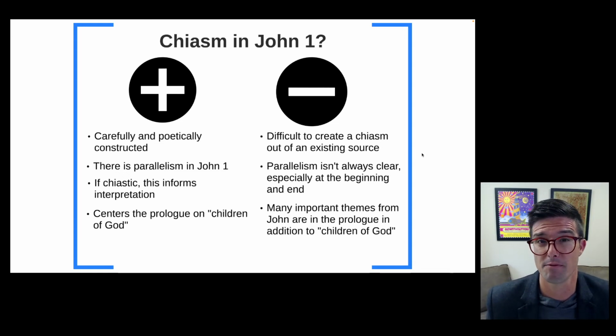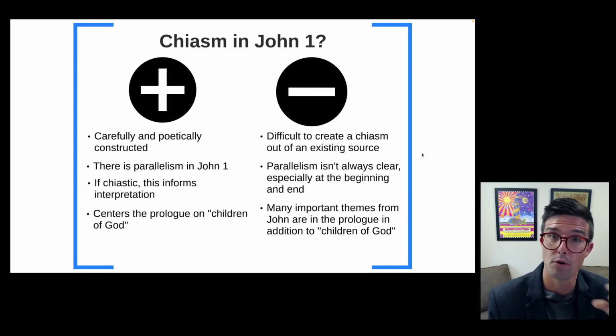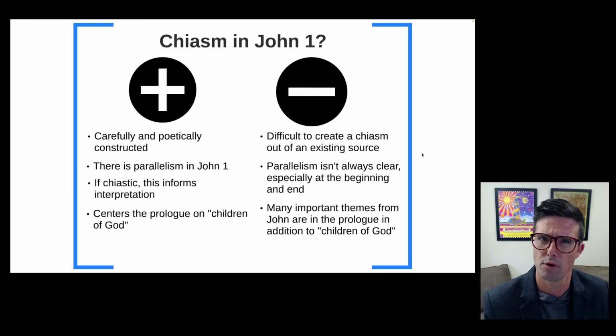And the last point, perhaps the most important in my mind, is that there are many different themes from the fourth gospel that show up in the prologue and are introduced in the prologue. I think focusing on the children of God is maybe not the interpretive key that we are looking for. Certainly, being children of God is an important theme throughout the Gospel of John, but I don't think it's necessarily the most important theme.